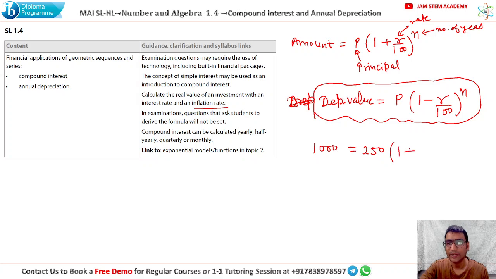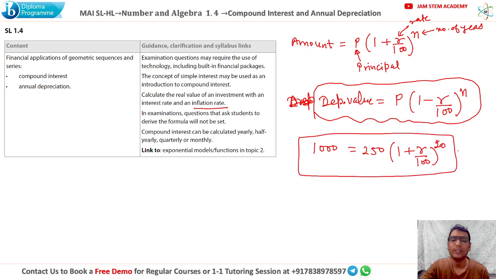In that case you are going to solve for R. What you can do is use your GDC numerical solver function to get your answer. There are also built-in financial packages in your calculator that you can use directly. We will discuss these built-in financial packages in SL 1.7.